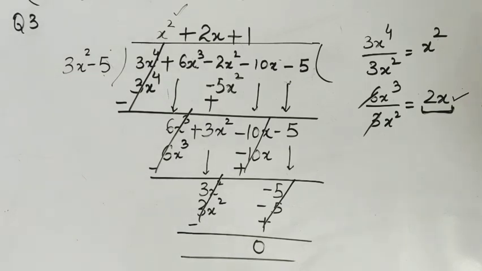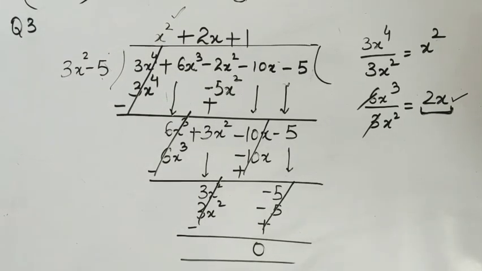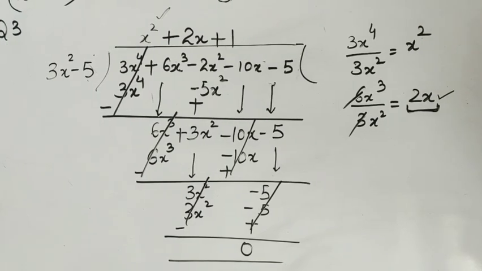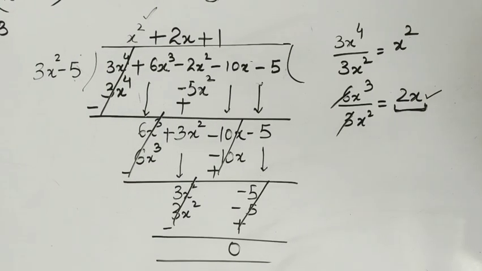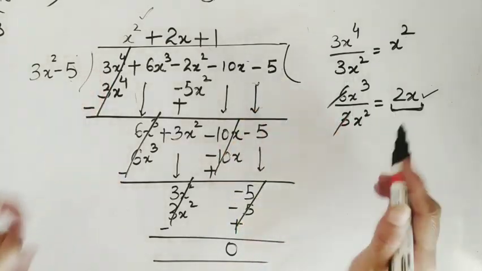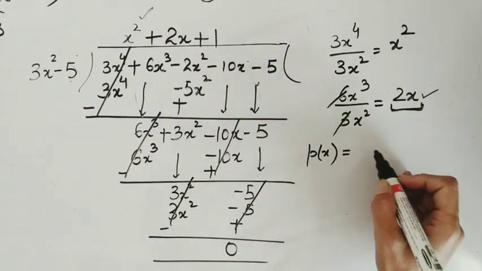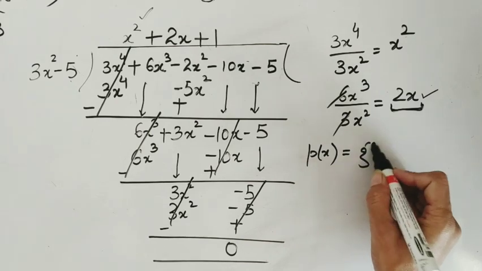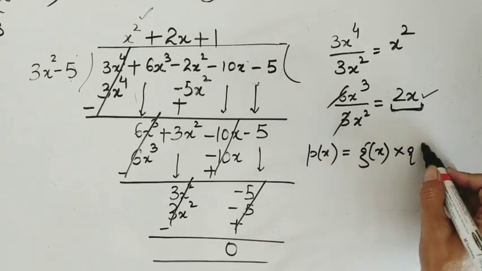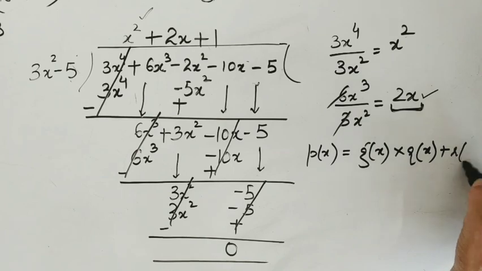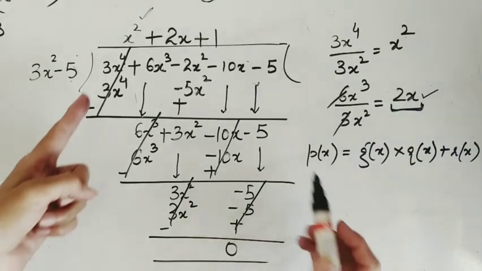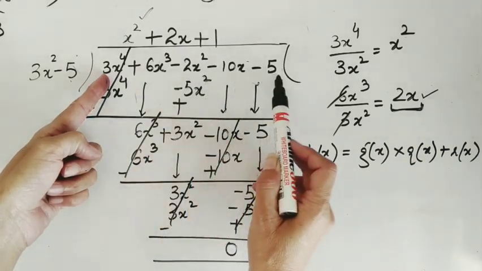Now what would be the next step? Now we need to deal with this polynomial. We know this px can be written as gx into qx plus rx. If I talk about verification also, this polynomial, how is it obtained?